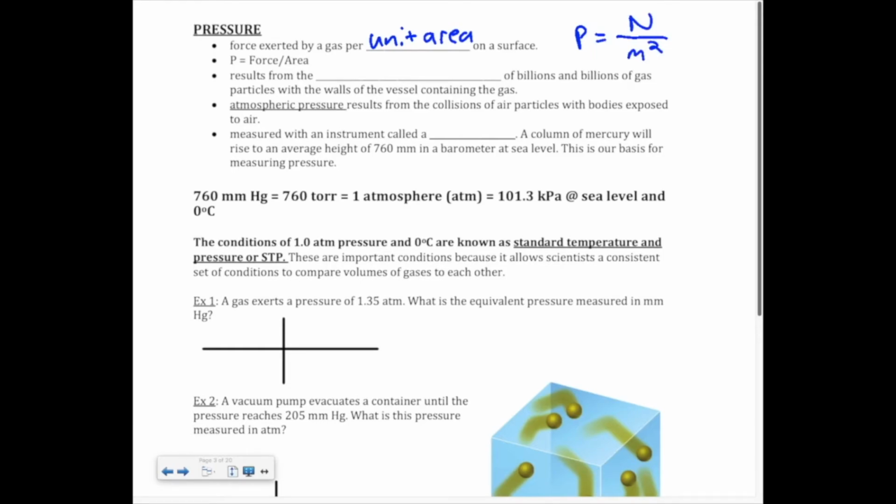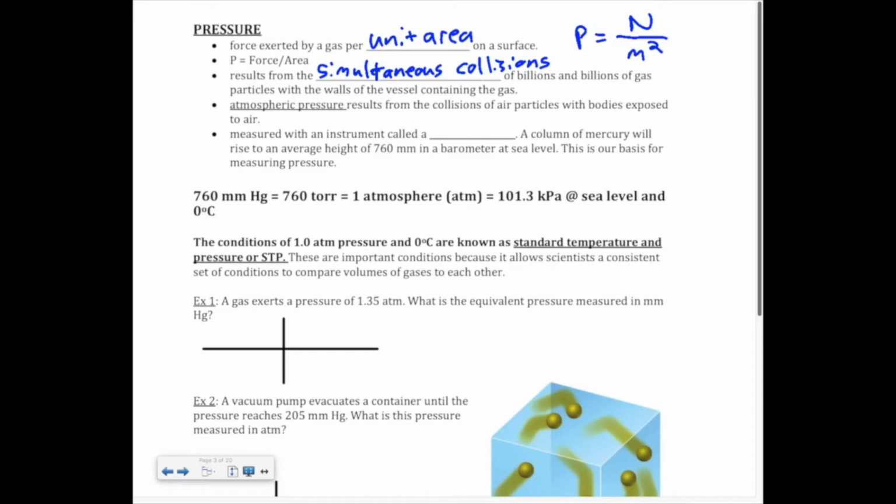That's a valid thing, but you won't know that till physics. Pressure results from the simultaneous collisions of billions and billions of gas particles with the walls of the vessel containing the gas. So if you recall that simulation I showed, it's the particles actually colliding with the container, not themselves. So now atmospheric pressure results from the collisions of air particles with bodies exposed to air.